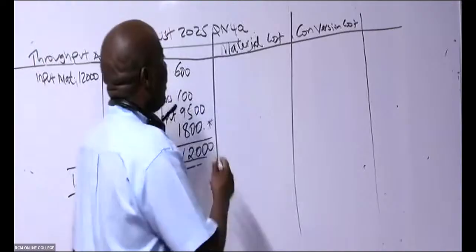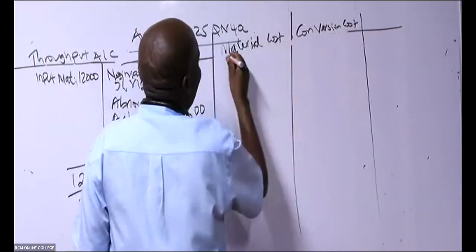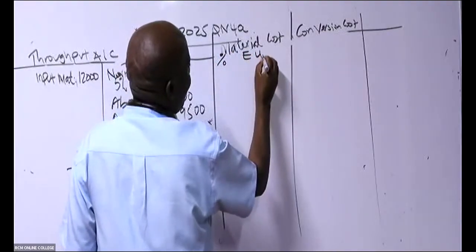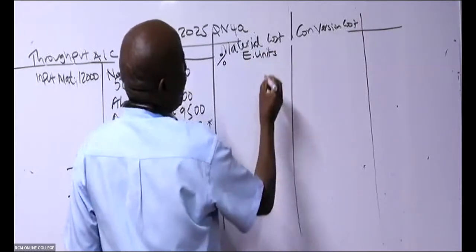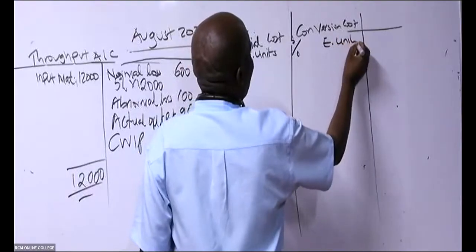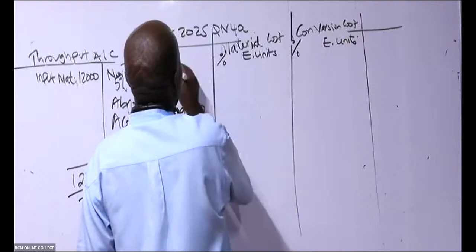And remember, for each of these items, what are we doing? We are getting percentages versus equivalent units here. Equivalent units. So percentage versus equivalent units, like that. This line ought to have been here.